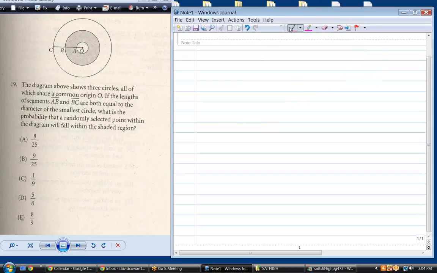So what's the first thing we need to do here? We need to find the total area, and then the area of the shaded region, and the answer will be what? The ratio of those. Yeah. In other words, the probability they're looking for will be the area of the shaded region divided by the area of the big circle.